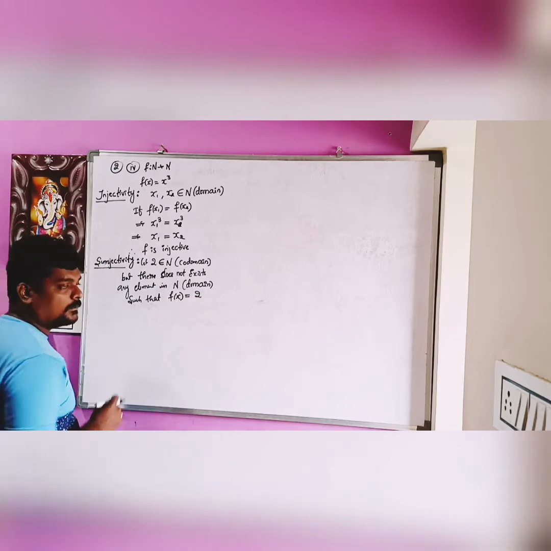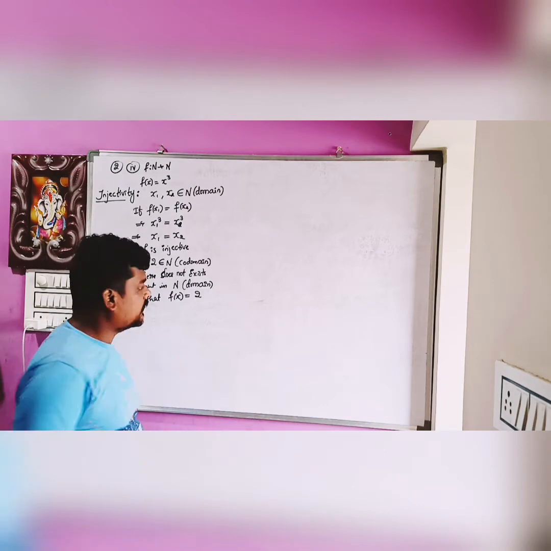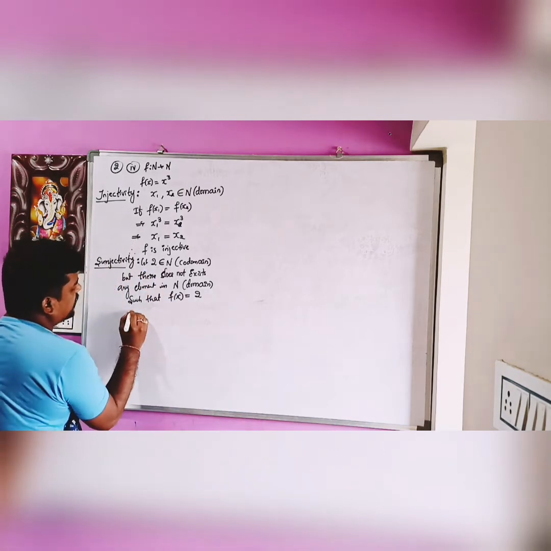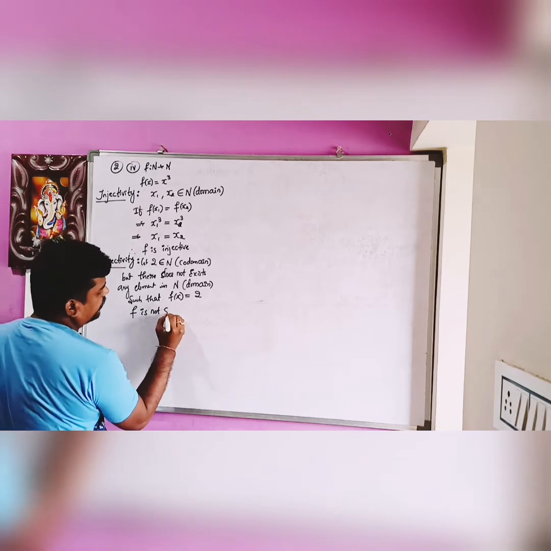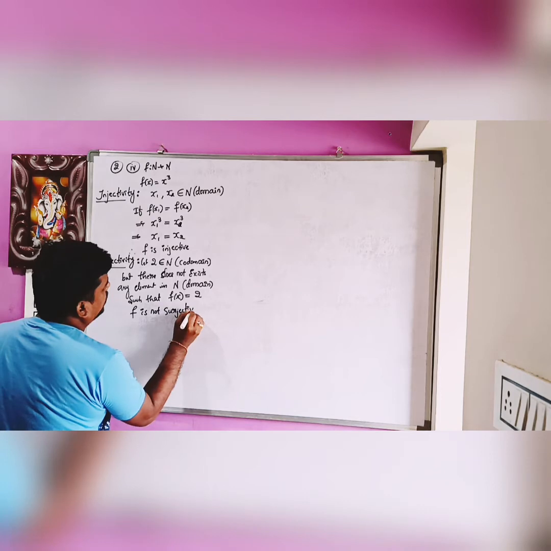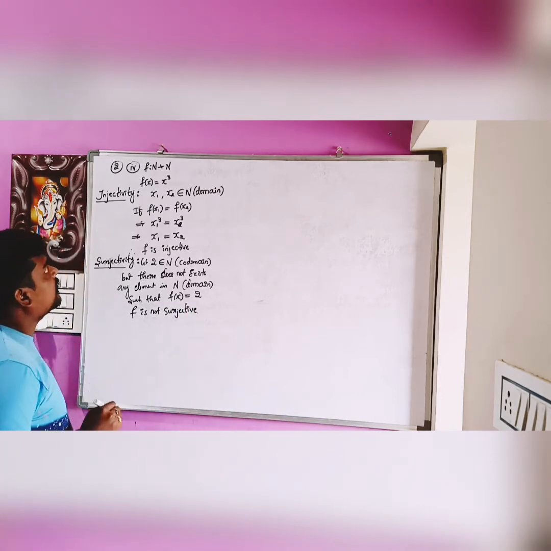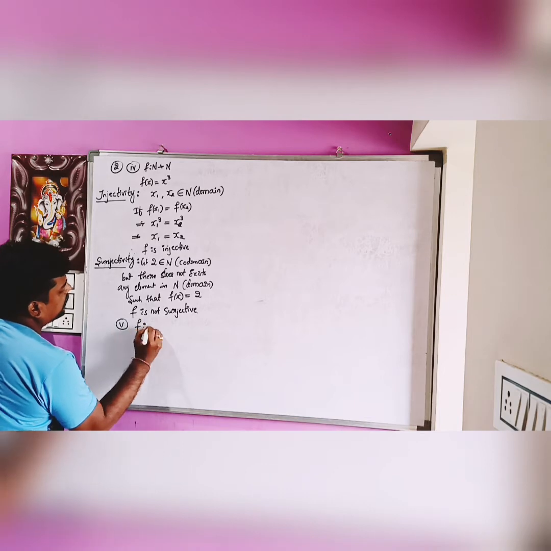Means the cube of any natural number is not 2. So there does not exist. By this we can say f is not surjective, or not onto.